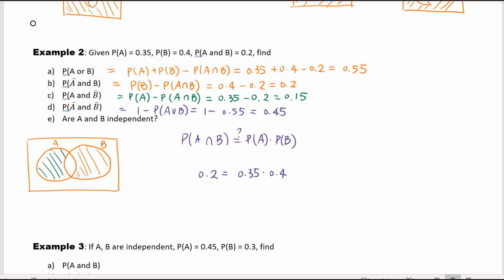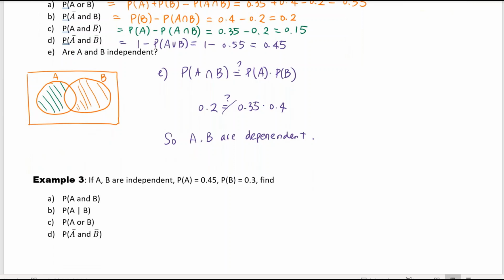P of B is 0.4. Are they equal? No. Right? So they're not equal, so that's why A and B are dependent. They're not independent, so they are dependent. So far, so good, everyone. Let's continue.